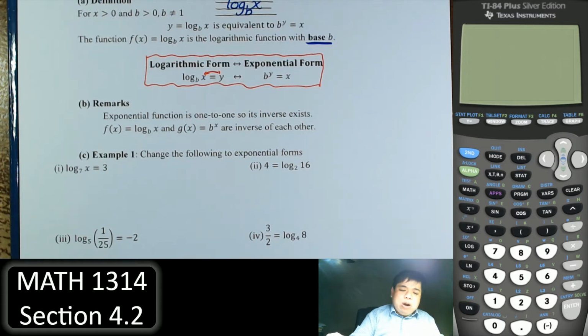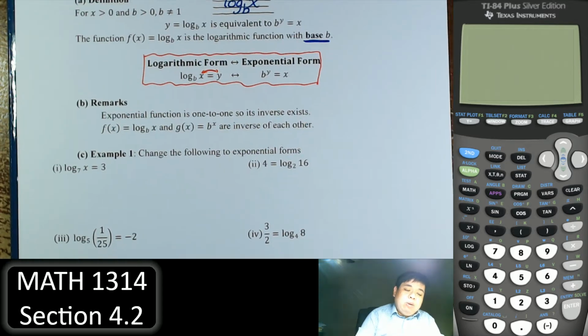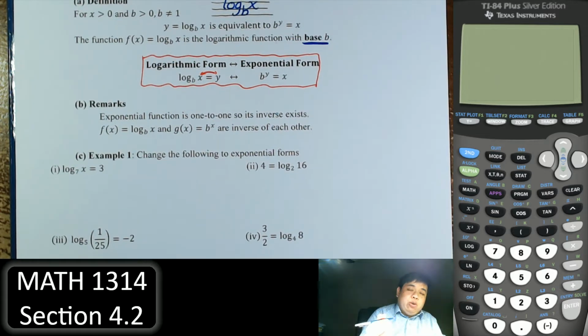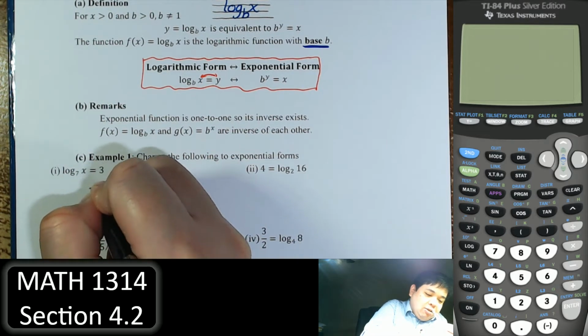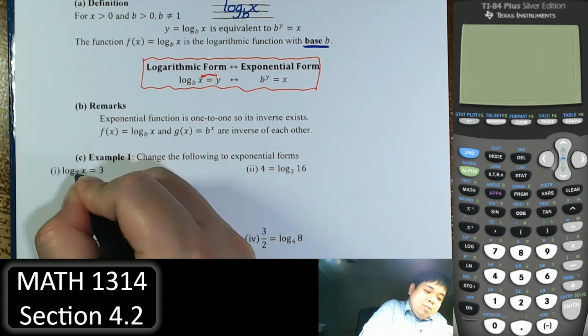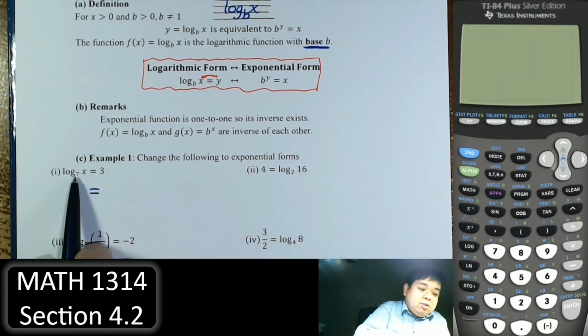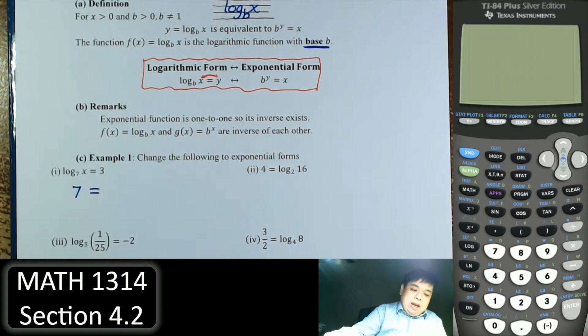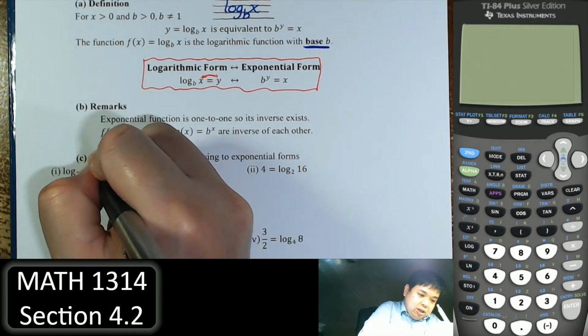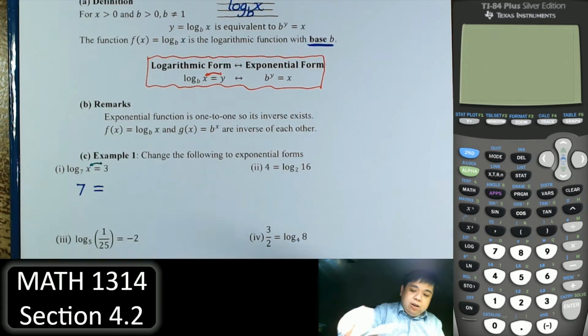Once again, if we want to switch from exponential form to logarithmic form, the equal sign will stay, and then we just swap. So just write out the equal sign first. The base, in this case the subscript, is 7, so the base is going to be 7. And all I do is switch the 3 and x.